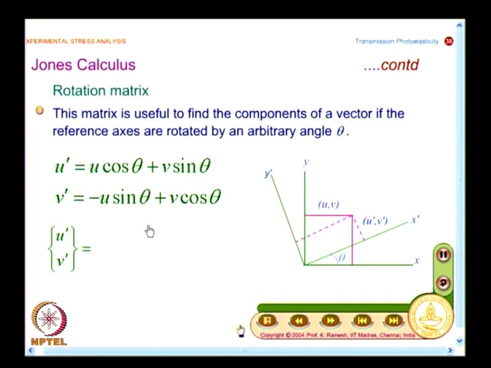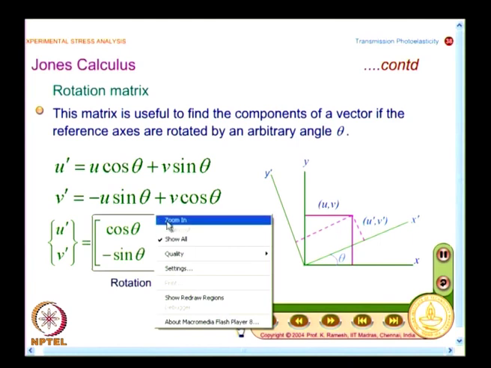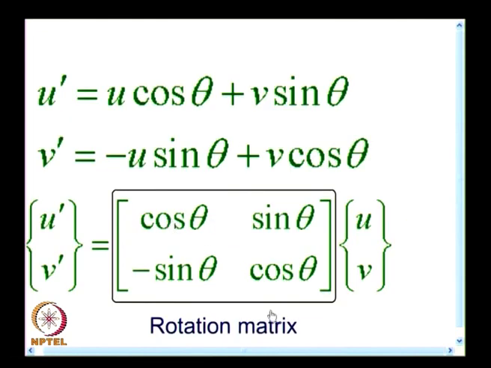What we are going to do is, I know u comma v, I want to find out u prime v prime, and this can be obtained by pre-multiplying u v by a matrix cos theta sin theta minus sin theta cos theta. So, I have this rotation matrix.